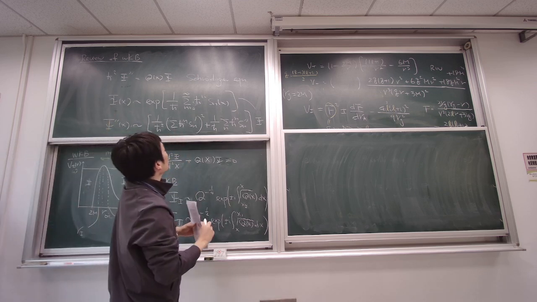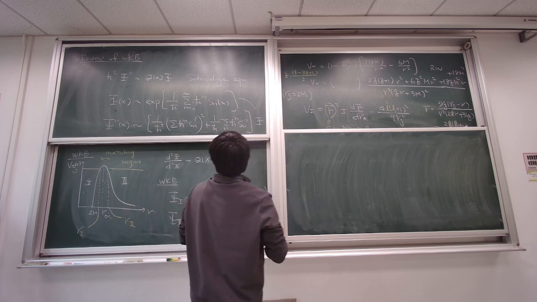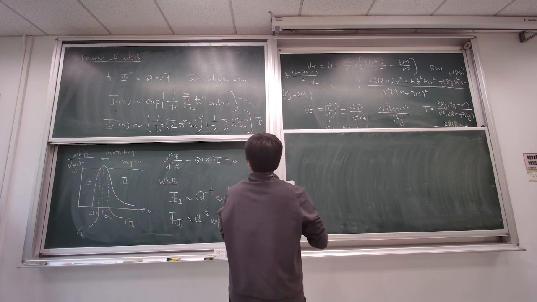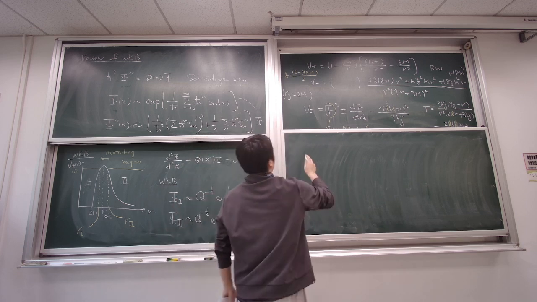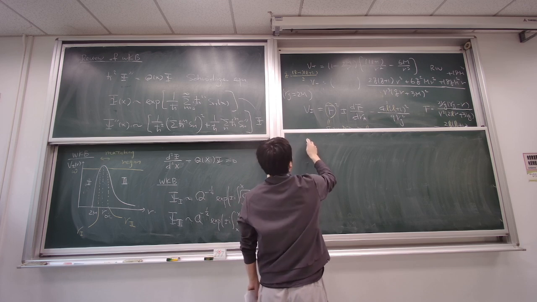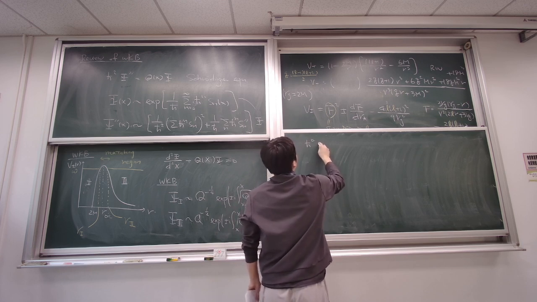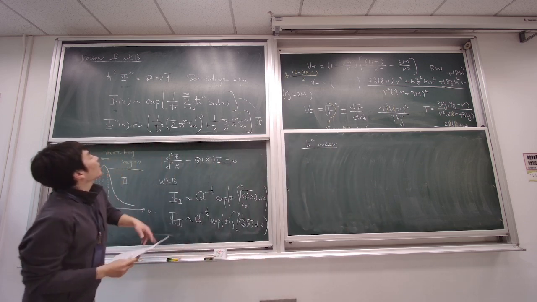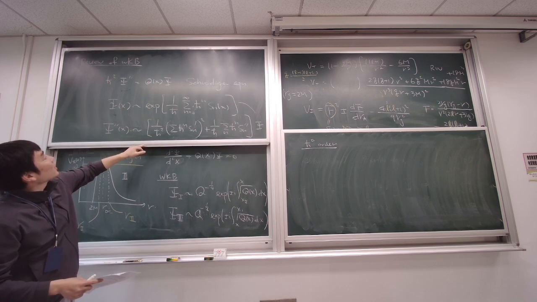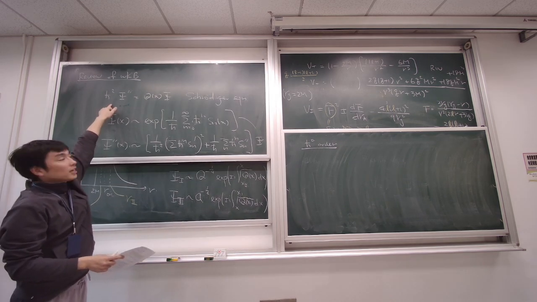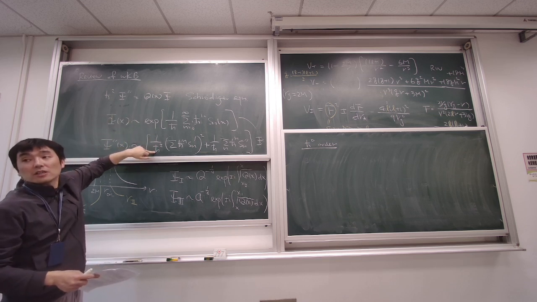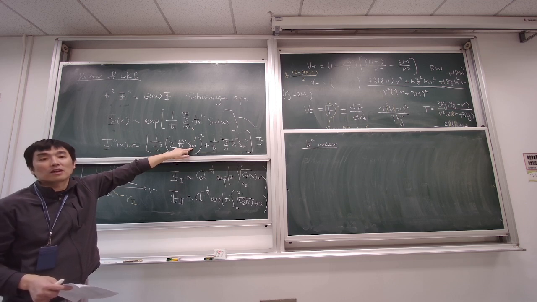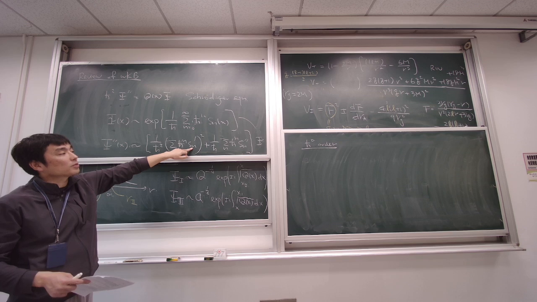The first thing one will notice is, let's look at the 0th order. The 0th order is that the h square here cancels 1 over h square here, and what's left is the n equal to 0 part on the left hand side. That's the only contribution you will get.